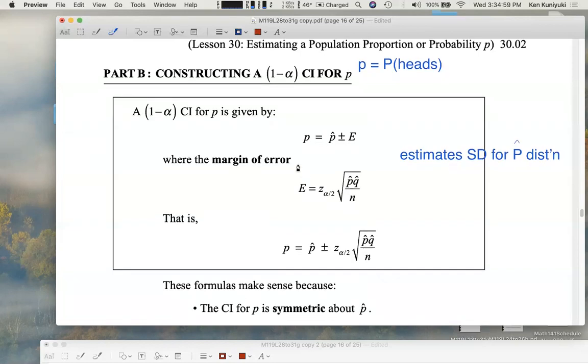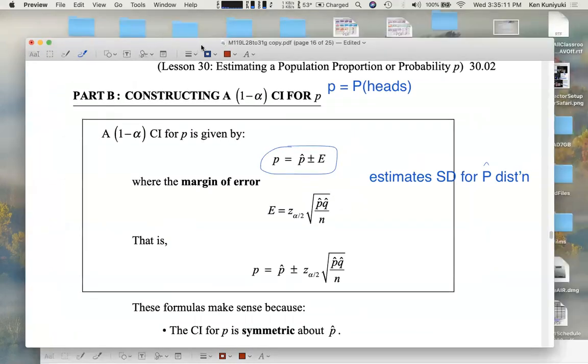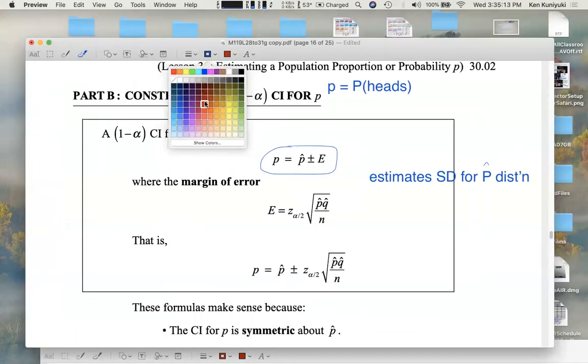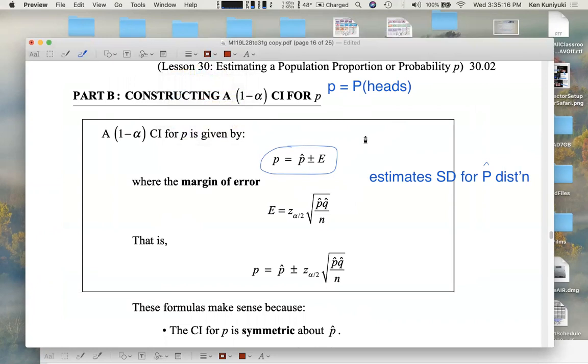But first off, let's look at the general anatomy for these things, and this should be familiar. A 1 minus alpha confidence interval, CI, for p is given by this, and this looks very natural, because this is saying that our confidence interval for p is going to be centered at our point estimate, the sample success probability, p hat.